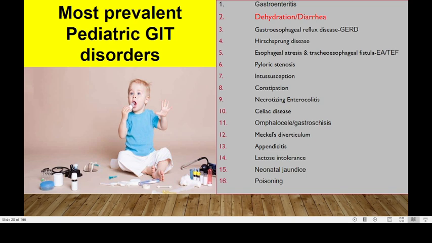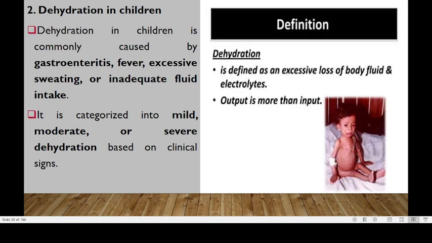The next condition is dehydration and diarrhea. Of course, the two are complications of the first one, gastroenteritis. Dehydration in children is commonly caused by gastroenteritis, which you have already looked at. We also have other causes like fever, excessive sweating, inadequate fluid intake.